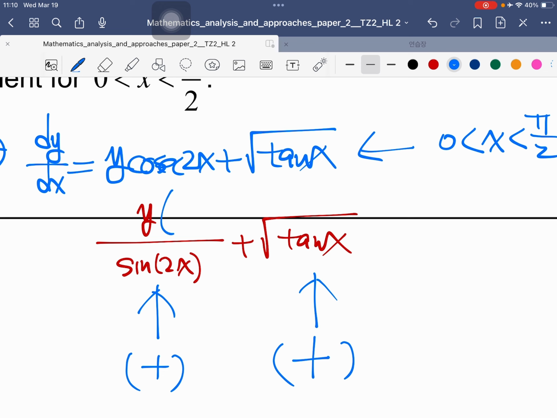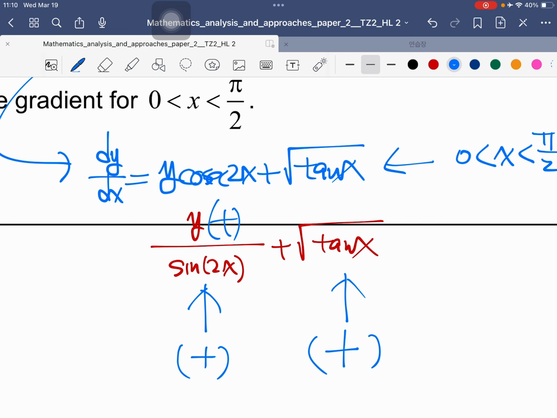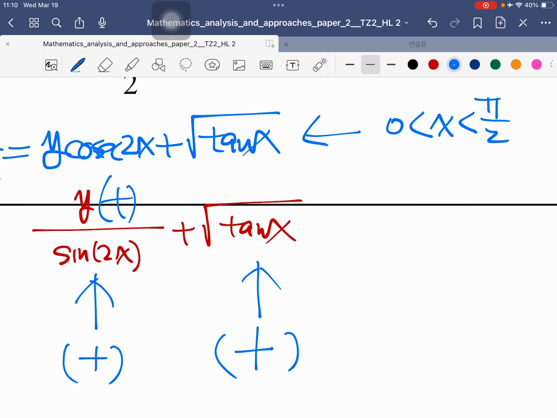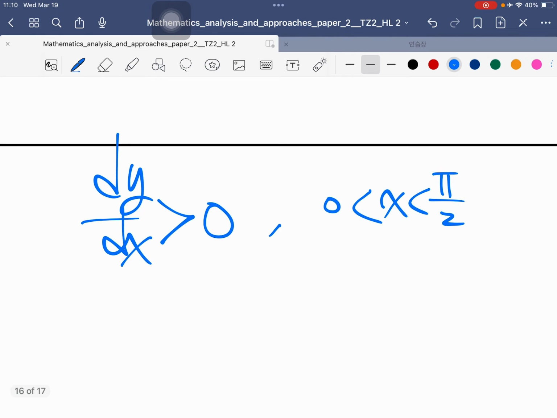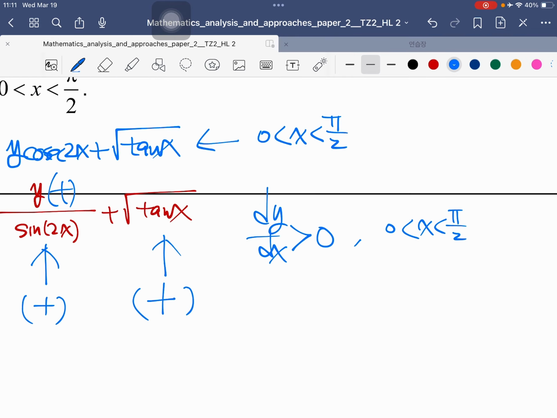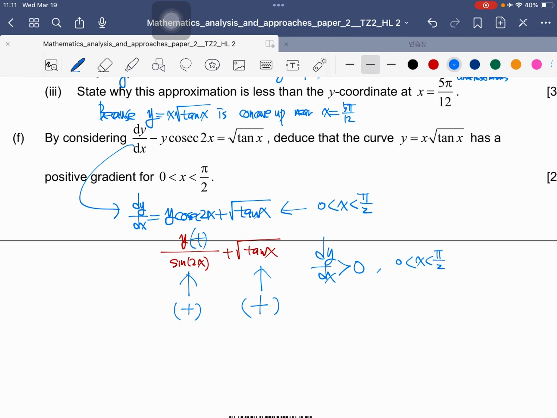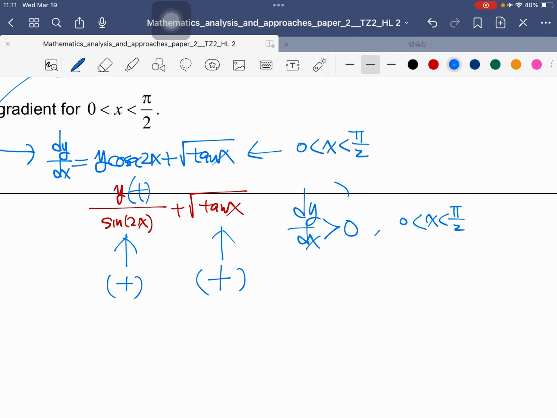So notice that this whole dy/dx is always greater than 0 when x is from 0 to pi over 2. So that is the answer.